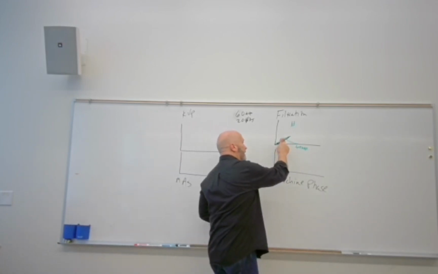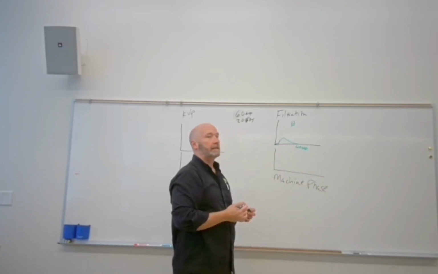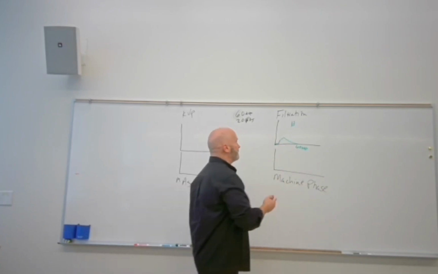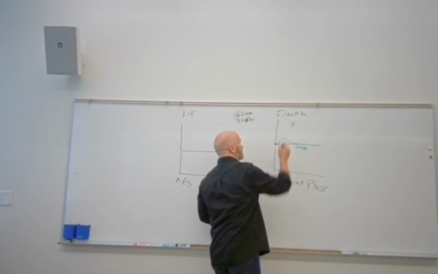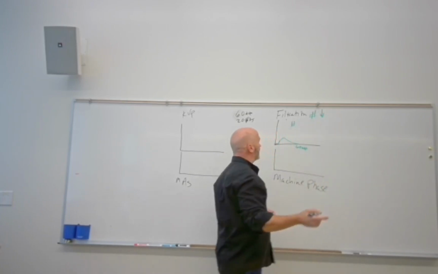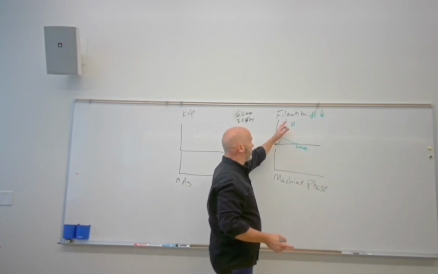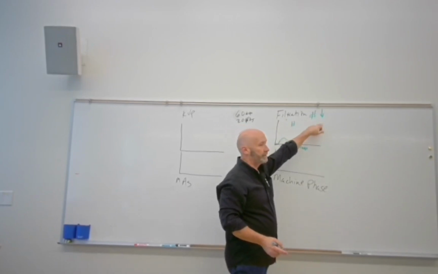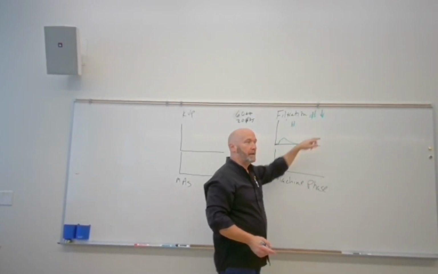So this area under here represents numbers, just numbers, right? So what happened as we increased our filtration? Decreased our lower energy? Right, we decreased the number of low energy X-ray photons, which means our numbers go down, right?